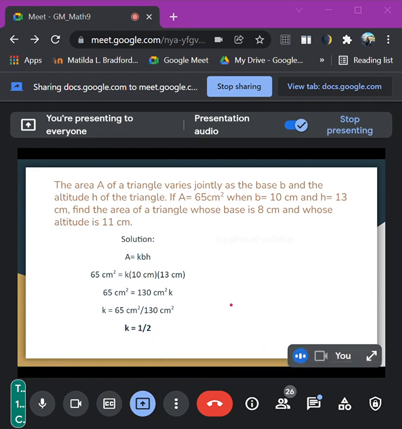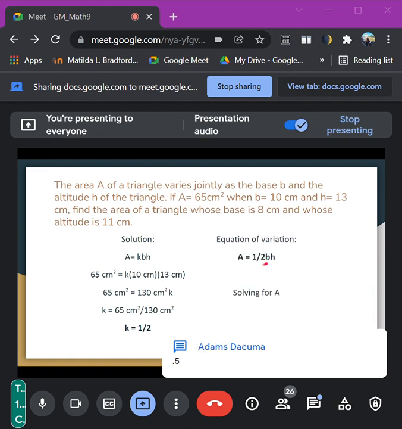And then your equation is A equals 1/2 times b times h.